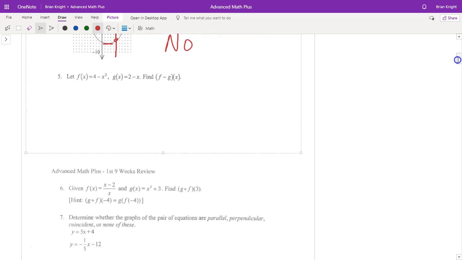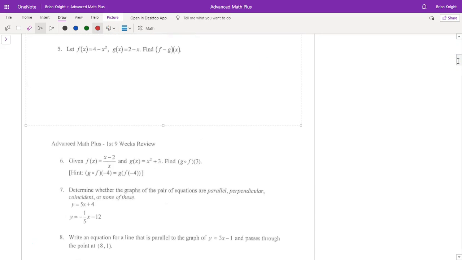What does it mean when it says f minus g of x? You're just doing what? Subtracting. What from what? G of x from f of x. So f of x minus g of x. So what is f of x? 4 minus x squared minus, what is g of x? 2 minus x. Notice, put your parentheses because you have to do what with that negative now? Distribute.